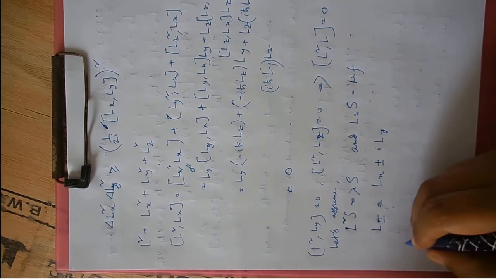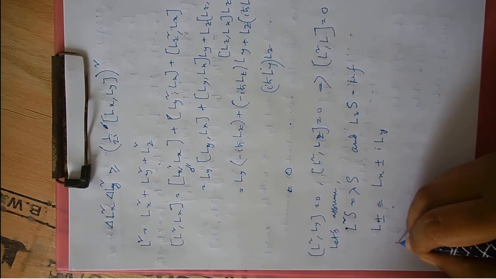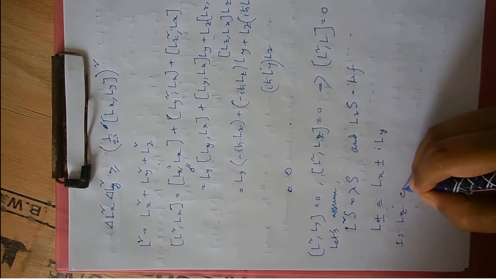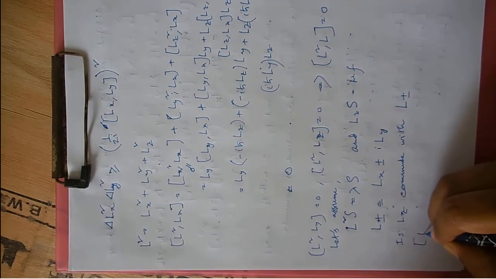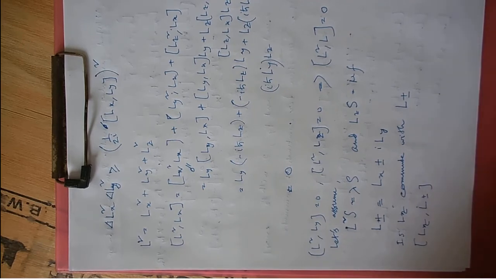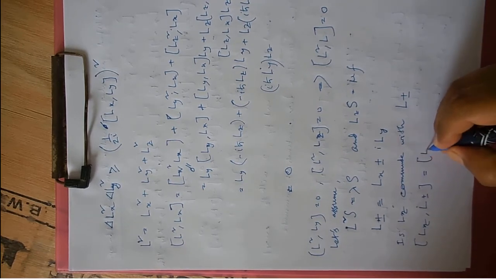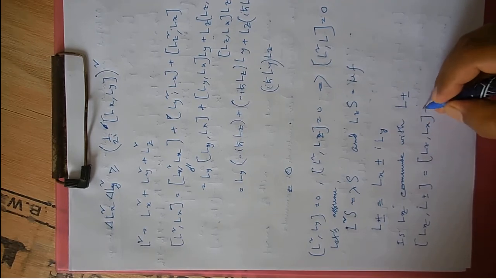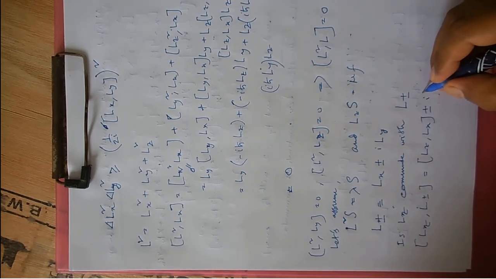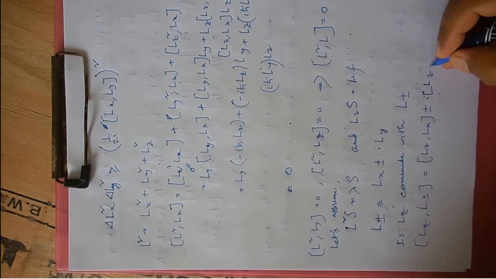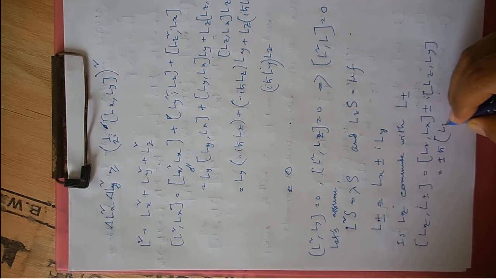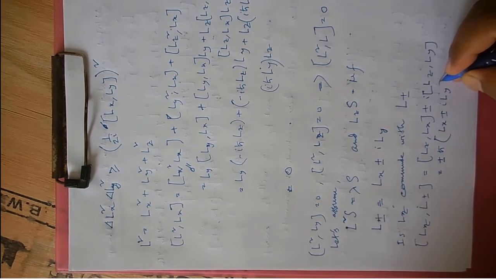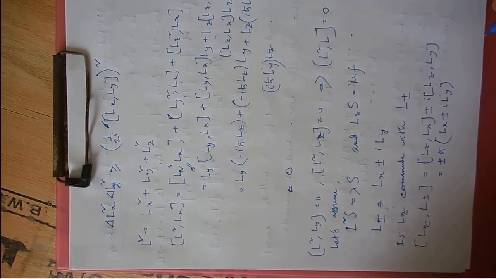So let us write: does Lz commute with L plus minus? For that we have to find Lz L plus minus. So Lz Lx, Lz Ly, plus minus. Directly I will write Lx plus minus i Ly.